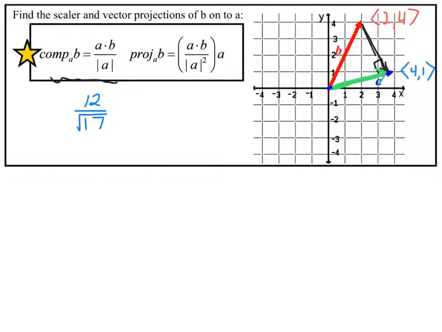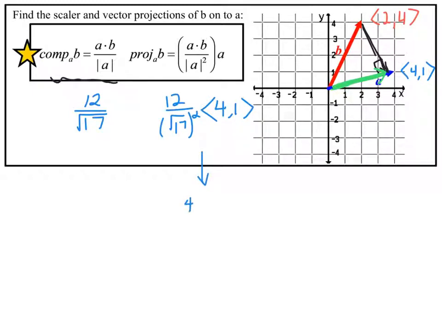So really, all I have to do is do my dot product, square my denominator, so square root of 17 squared is obviously just 17, and multiply it by vector A. Okay, so 12 over 17 multiplied by 4, I'm going to just write this down here.